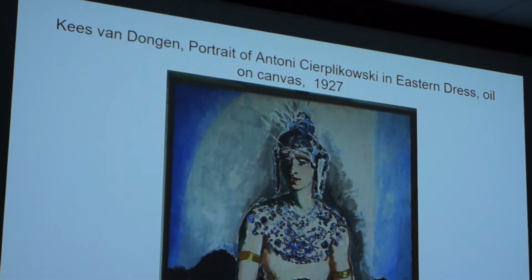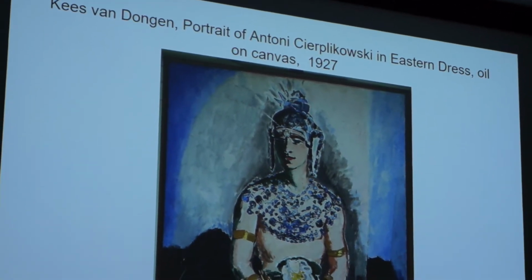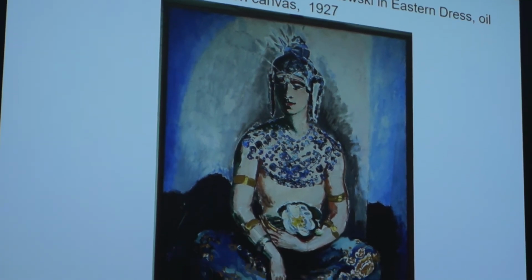His Polish name is Antoni Cierplikowski, who was born in Poland, emigrated to America and then to Paris, and established a very famous salon for stars, Coco Chanel, Greta Garbo, and many celebrities in the first half of the 20th century. And then in the 70s, under communism, he returned to die in Poland. He didn't stay in Paris or in New York, but he returned to his small village in Poland to die there in the late 70s.